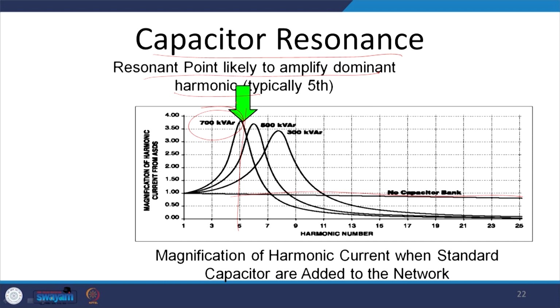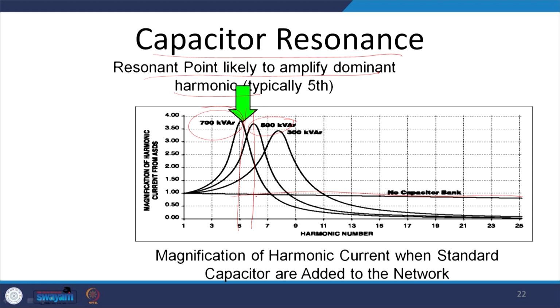Ultimately it will find low impedance for the 5th harmonic. Similarly, if you have 500 kVAr, then the frequency will shift to the higher side, so you will have the resonance around the 6th harmonic.